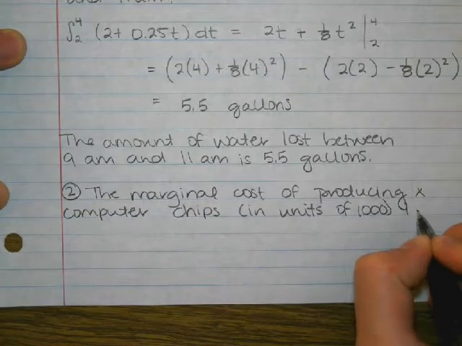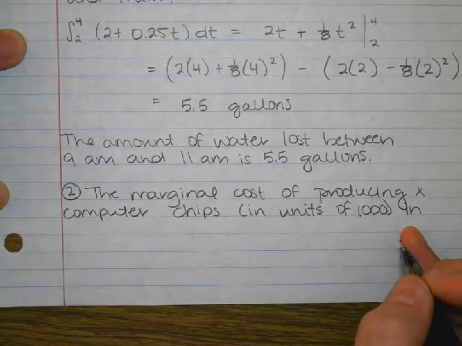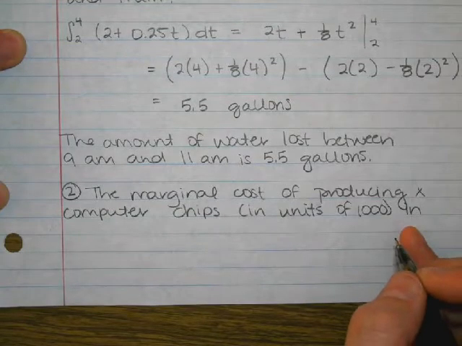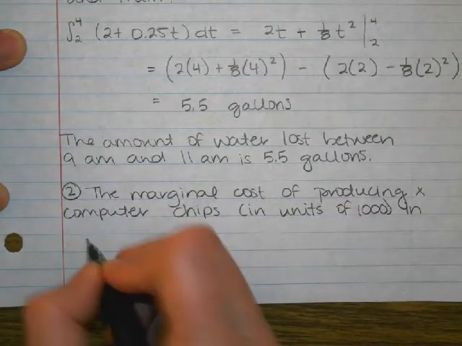So the units of chips is per 1,000, and the amount of the cost is in dollars per 1,000 chips.